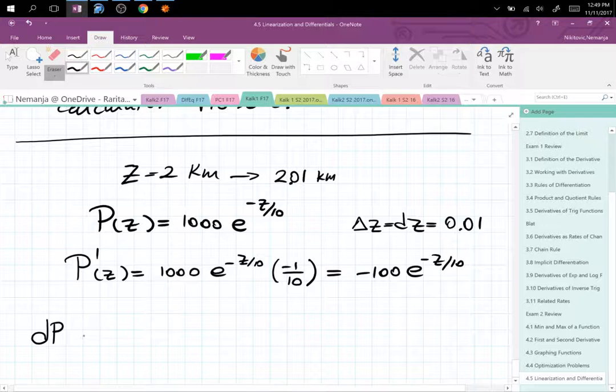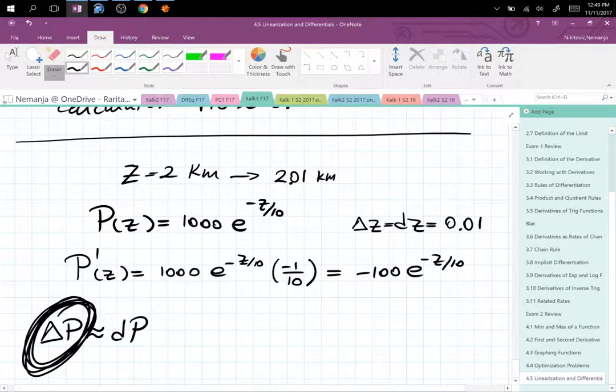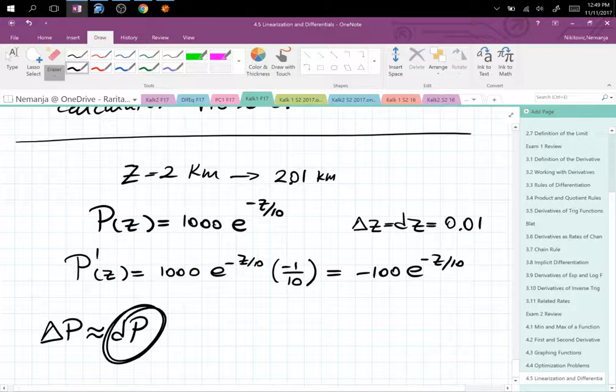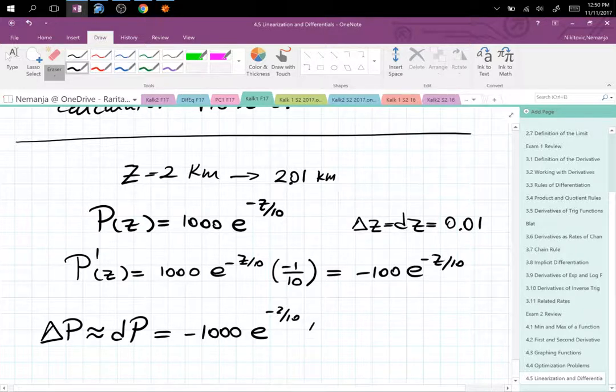Delta p is approximated by dp. Again, the actual exact change is approximated by the differential, and differential is equal to the derivative computed at 2, so negative 2 over 10, times the change of 0.01.